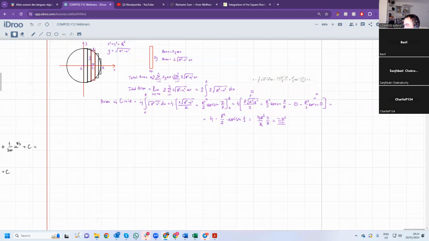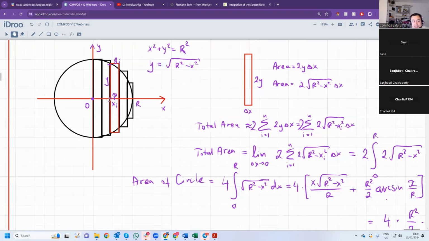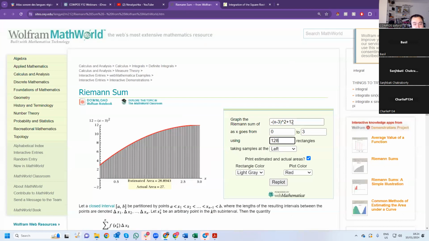If the width of the rectangles were given, yes, you could add them, but you would get an overestimation or an underestimation. You won't get the exact value. If you take 10 rectangles, let's do the actual thing. Let's take radius 1: square root of 1 minus x squared, to the power 0.5.